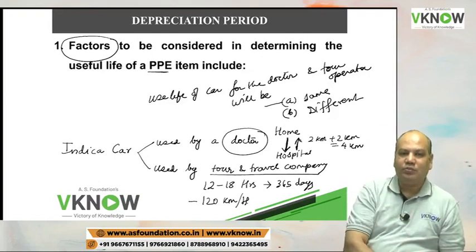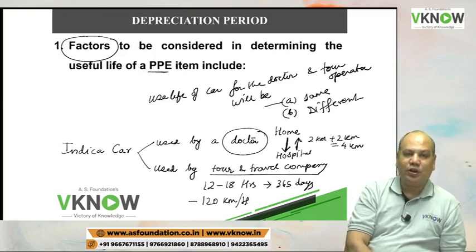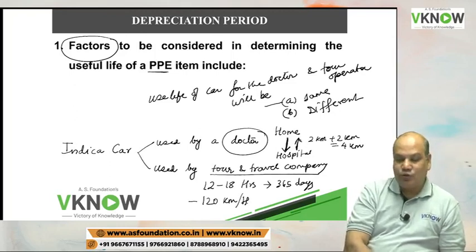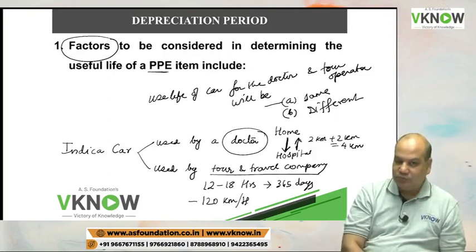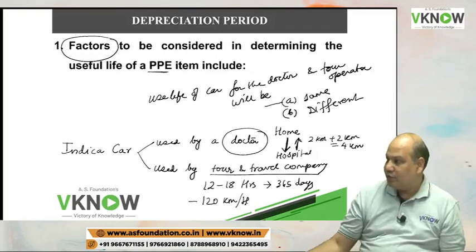Car is same, Indica car, same model, same price, both purchased on the same day. Who will assume a higher useful life and who will assume a lower useful life? Come on, reply. Doctor will take a higher useful life or the tour operator will take? So the answer is it will be different.